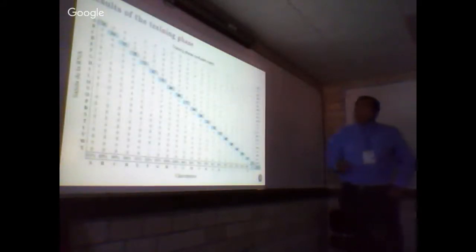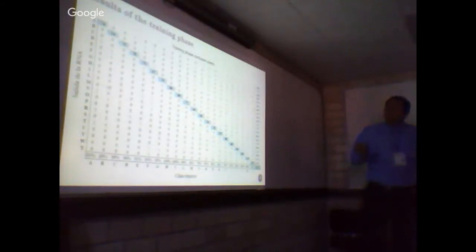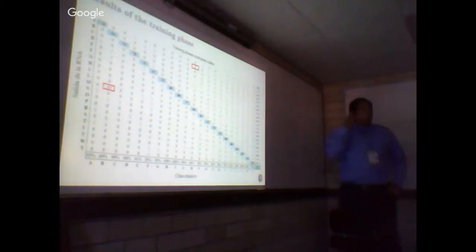The result of the training phase is shown in the training phase confusion matrix. In this matrix, the rows are the output of the ANN and the columns are the object classes. The accuracy for my training phase is 99%, but sometimes there are problems because the seven moments have a problem with rotation.